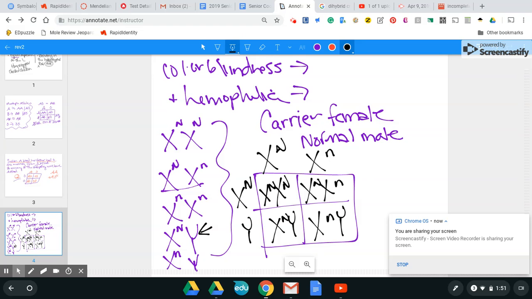If I want to know how many of their children, I look at all four squares and it would be 25%. If I asked you about boys, you cover up these and 1 out of 2 boys have it, so that would be 50%. So that's how you do sex link problems.